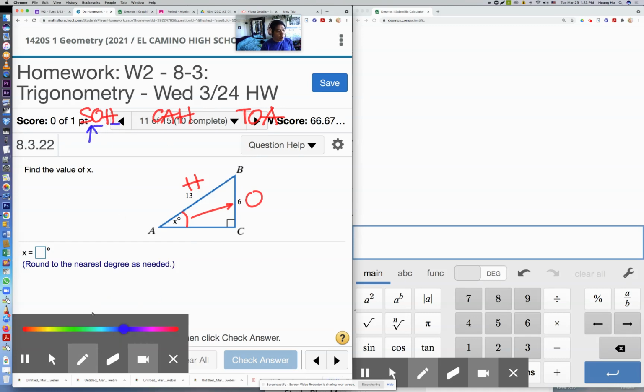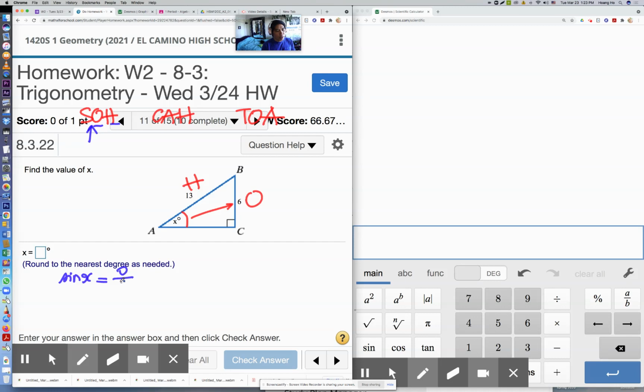Let's write down sine of angle X equals opposite over hypotenuse. Substitute it in: sine of angle X equals 6, opposite, over 13, hypotenuse.